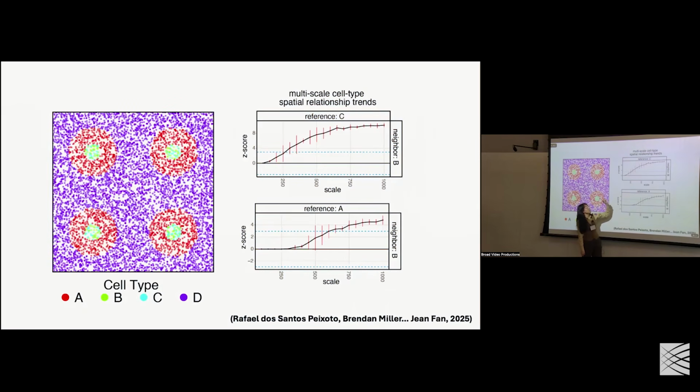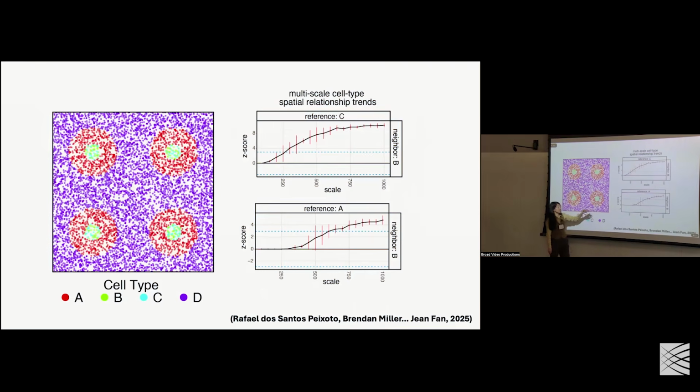So in this case, I'm looking at, for example, reference cell type C, which is inside this little structure. With respect to neighbor B, we can see that they begin co-localizing at a much finer scale compared to reference A, compared to reference B, which forms this larger structure.